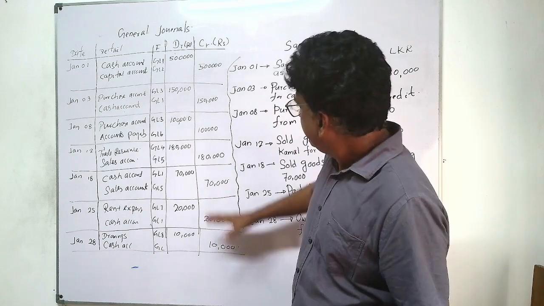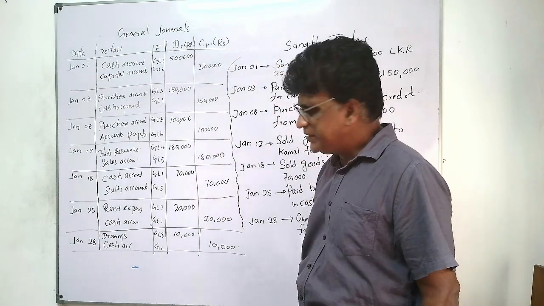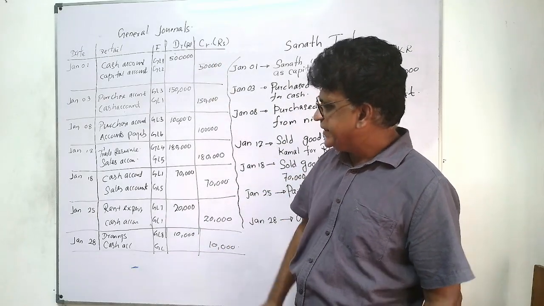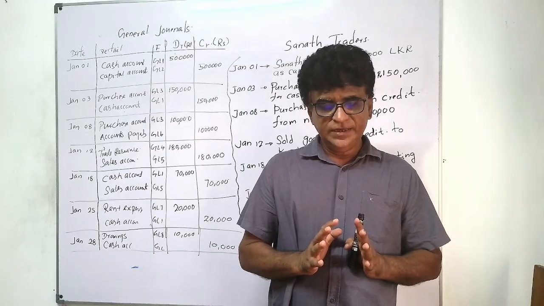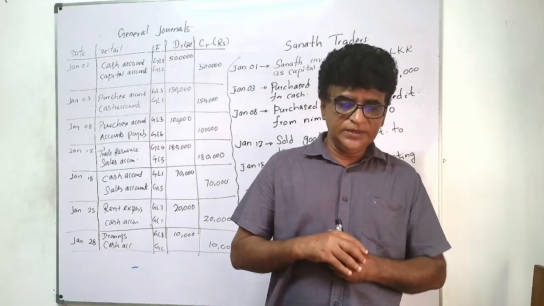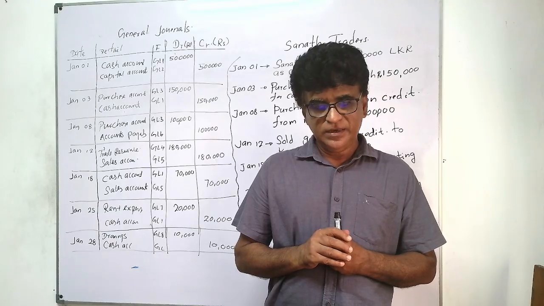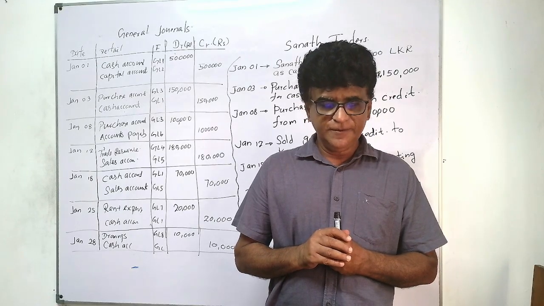Now we have passed all general journals, right? All journal entries we have created. Once we create the journal entries, the next step of the accounting cycle is posting those in where?